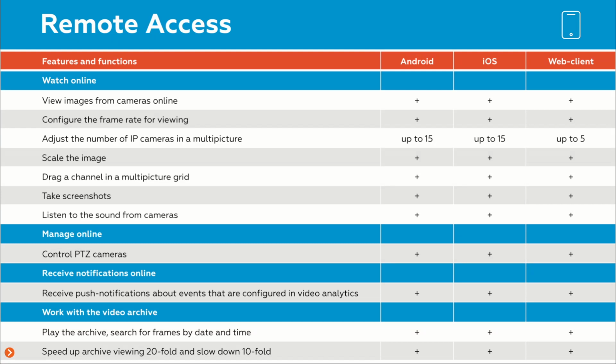You don't need to go to your office every time you are not sure whether everything is going clear. You always have access to the cameras, and you can see your staff working.